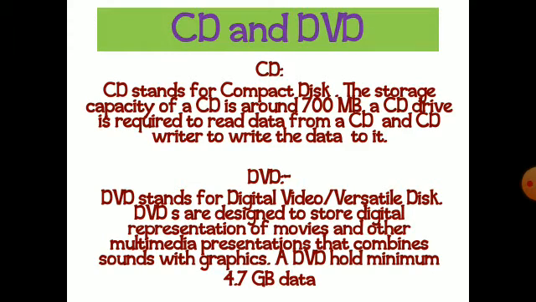It is a small portable shiny disc used for electronically recording, storing and playing back audio, video, text and other information in digital form. The capacity of a CD is around 700 MB. MB means megabytes. A CD drive is required to read data from a CD and a CD writer to write data to it.